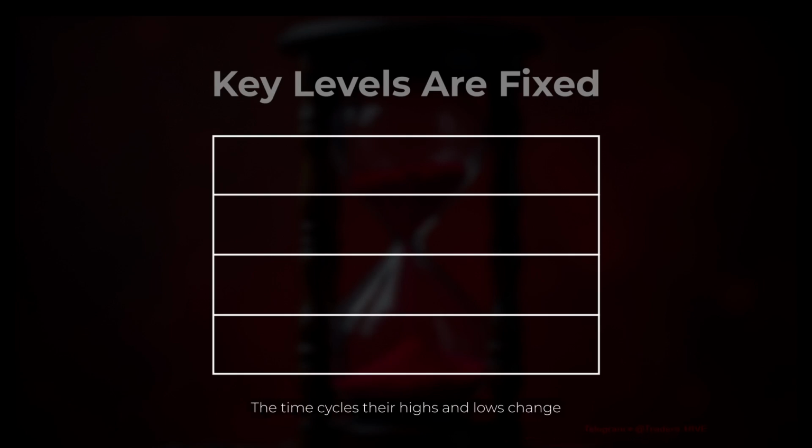The time cycles, their highs and lows change, meaning their price goes up and down. However, when it comes to these key levels, they remain the same regardless of what price did in the past, or regardless of what new time cycle is opening. It doesn't change. Meaning, we always have a specific range in which we have 4 quadrants.